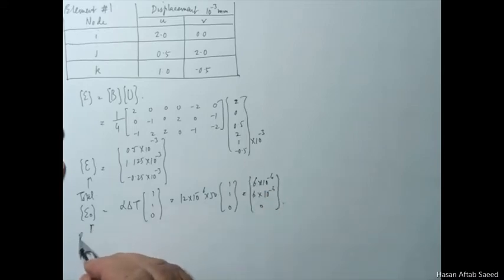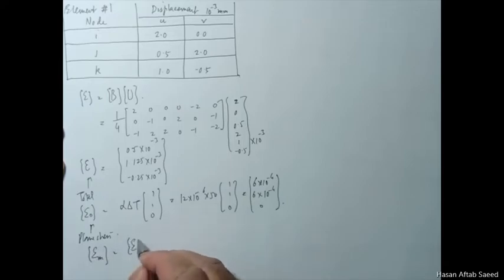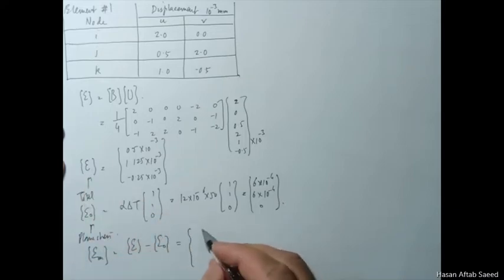This is for plane stress. You have to be very careful about these things. Now what about the mechanical strains? Those will be total strains minus initial strains, and if you subtract the two, you need to verify all these calculations yourself.